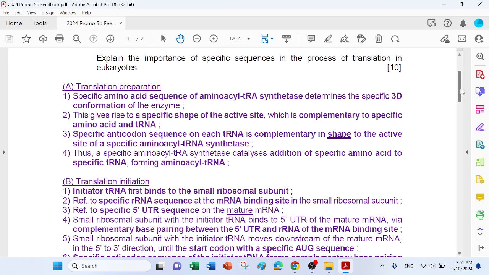Okay, so that is how translation preparation is carried out with the involvement of specific sequences. Specific in terms of the amino acid sequence of the enzyme and the anticodon sequence of the tRNA.